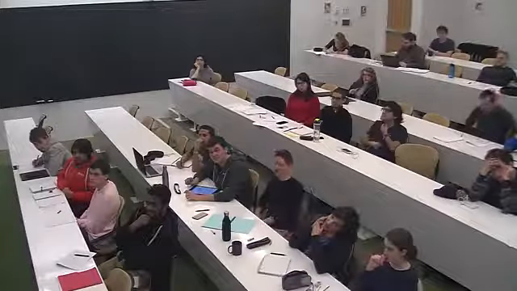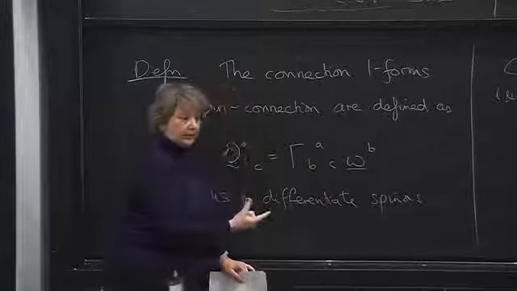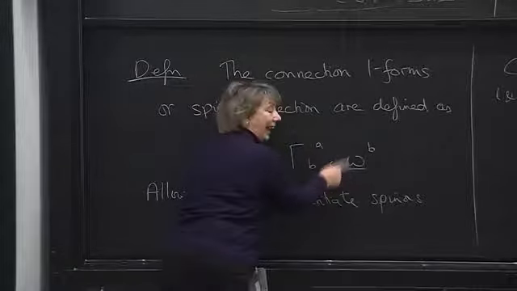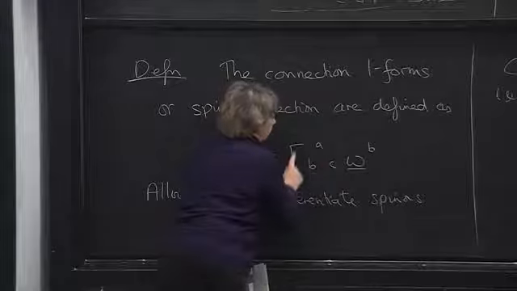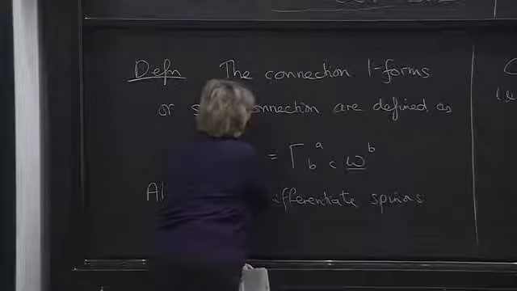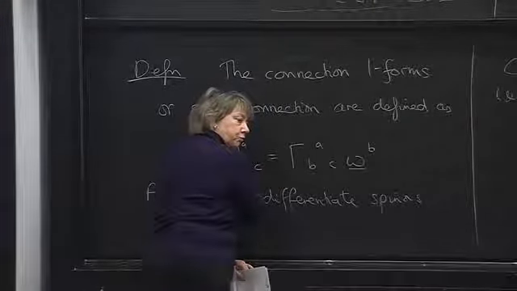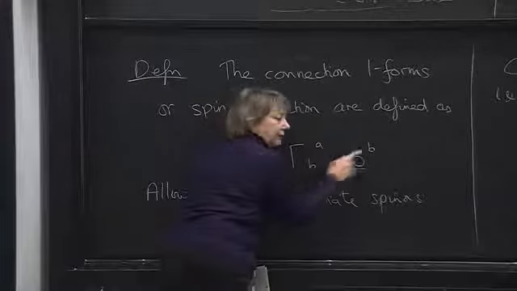Here, these omegas are one forms, the basis. What I'm doing is simply taking a combination of omegas according to these scalars, and constructing this matrix of one forms. So I'm not contracting, I'm just adding.